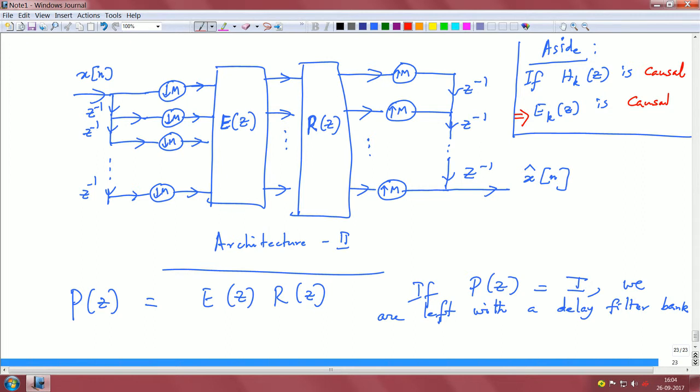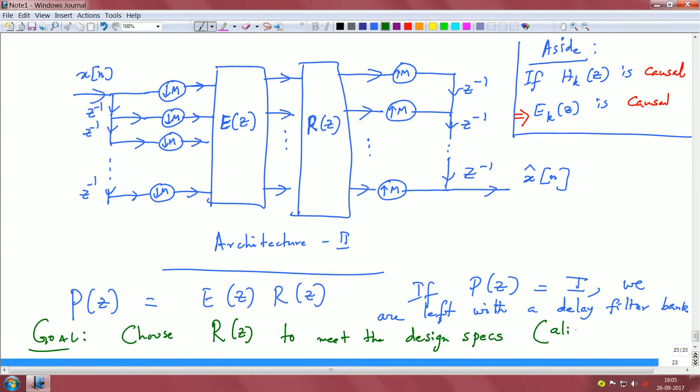And then we may have to choose R of z. I will mention this as a goal. Choose R of z to meet the design specs. And what is our design spec? It should be alias free, it should satisfy perfect reconstruction property, etc., right, and maybe some specifications of the distortion as well.